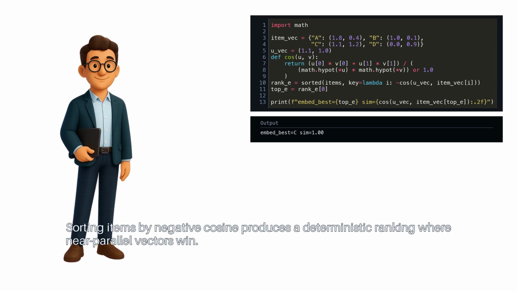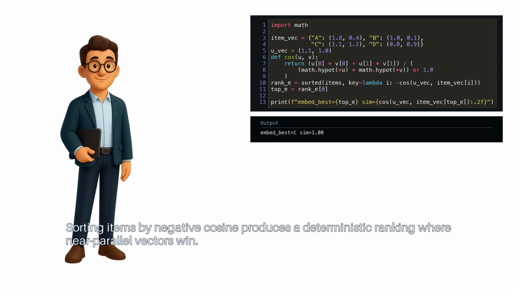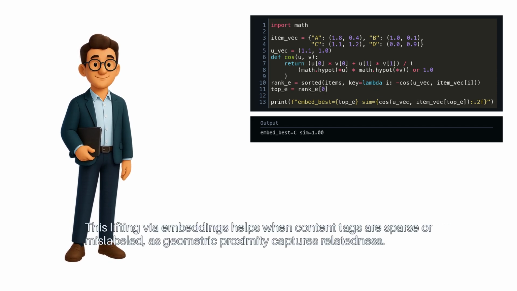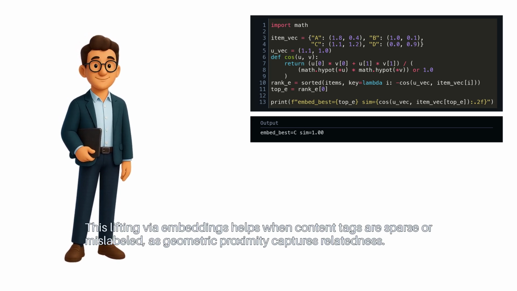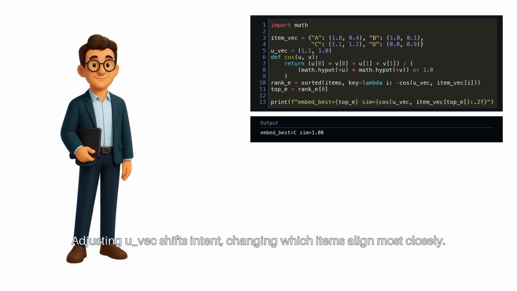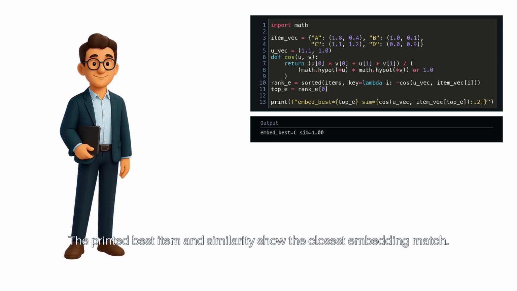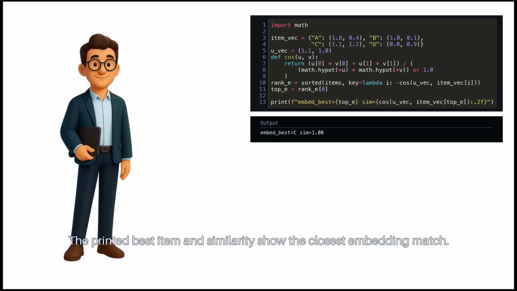Sorting items by negative cosine produces a deterministic ranking where near-parallel vectors win. This lifting via embeddings helps when content tags are sparse or mislabeled, as geometric proximity captures relatedness. Adjusting uvec shifts intent, changing which items align most closely. The printed best item and similarity show the closest embedding match.